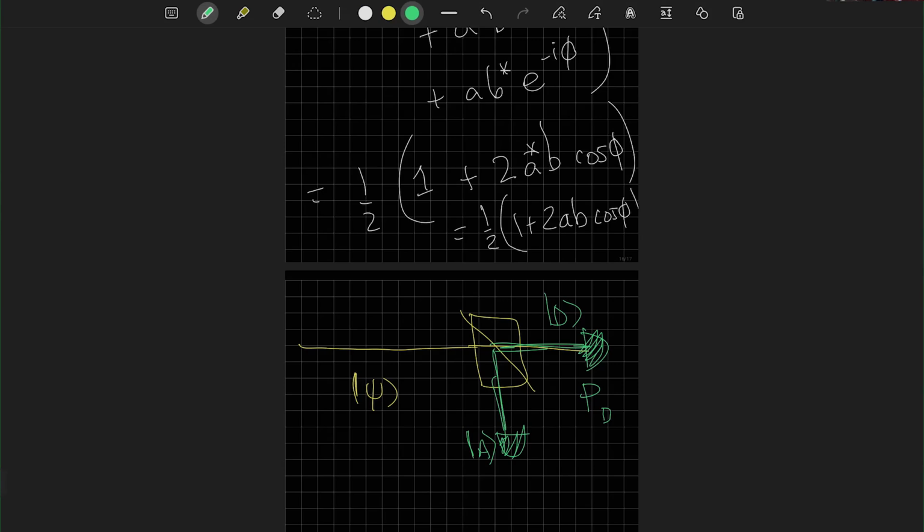Because I have 3 parameters A, B, and phi that I need to determine, I need to do another experiment. It's insufficient to just know what phi is, I need to be able to know the sign of phi.